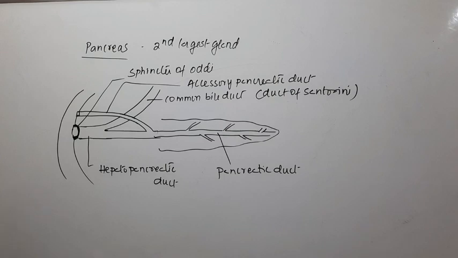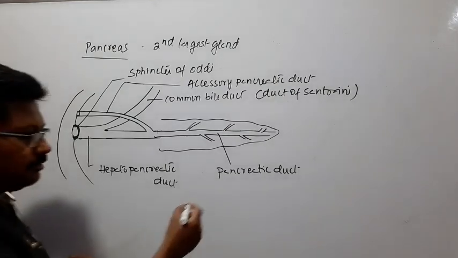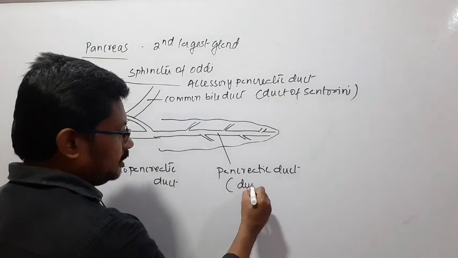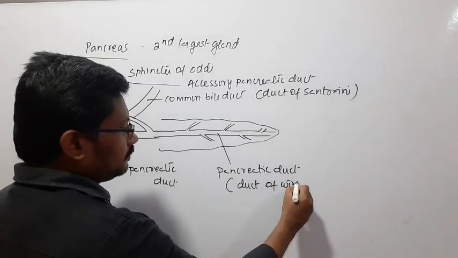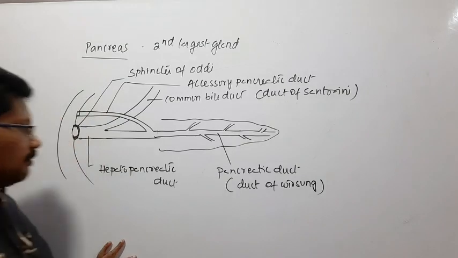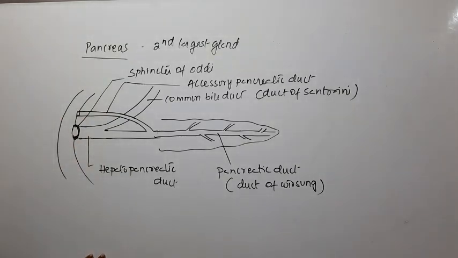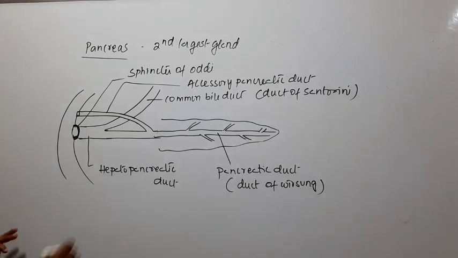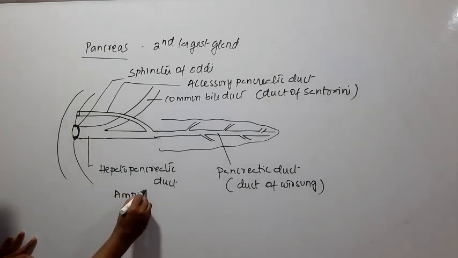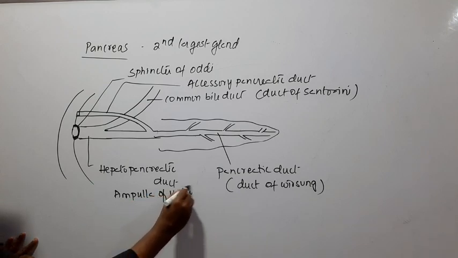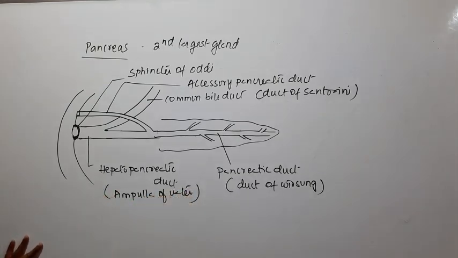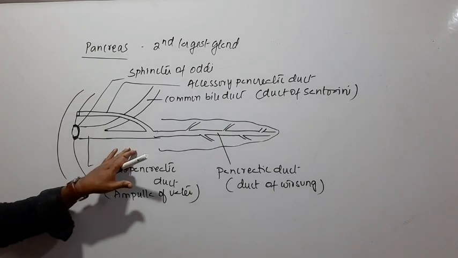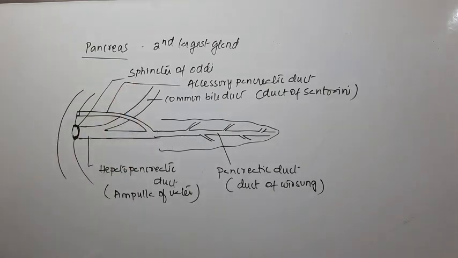The main pancreatic duct, which I mentioned in the last session, is called the duct of Wirsung, whereas the hepatopancreatic duct is what we call the ampulla of Vater. So that's about the different ducts from the pancreas as well as from the liver.